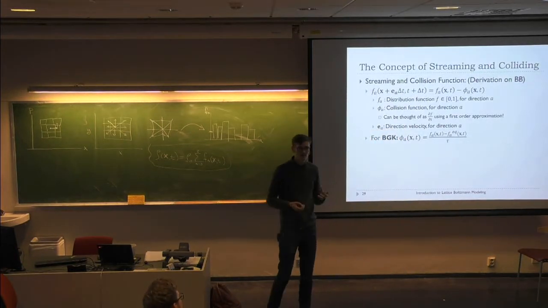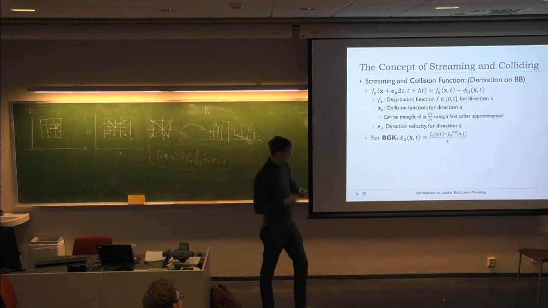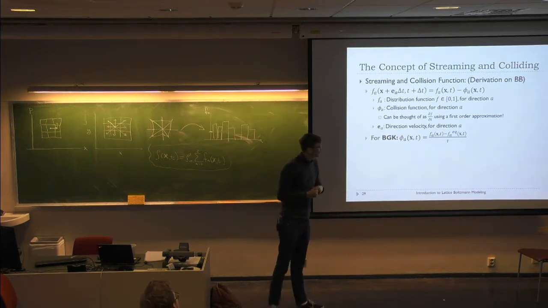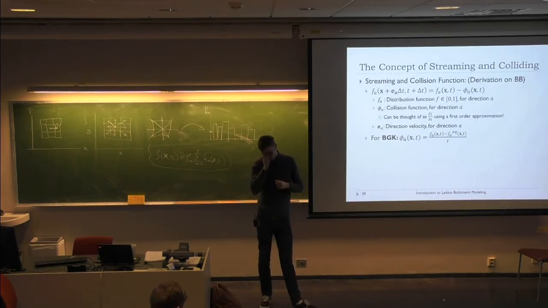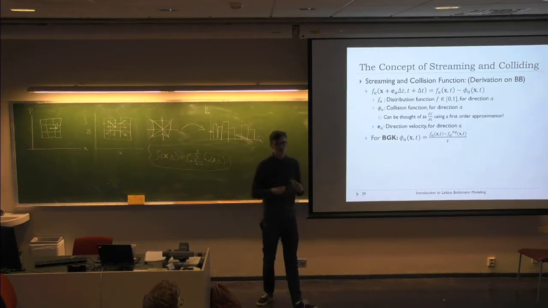So this tau is some sort of characteristic time, and this equilibrium distribution function, f eq, is kind of complicated, and I'm not going to derive that. If you want, you can ask Ifan. He knows more about this part than I do. It's complicated stuff, very mathematically heavy, but it turns out to be a pretty simple equation.